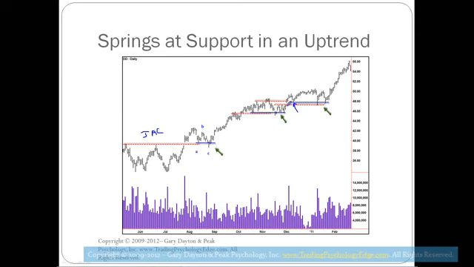A spring needs to come down, make a swing low, rally up, and come back down and revisit that low, go underneath of it and then close firm on top of it. That's a spring. So gaps don't really factor into a spring. Okay? Good. You got it.